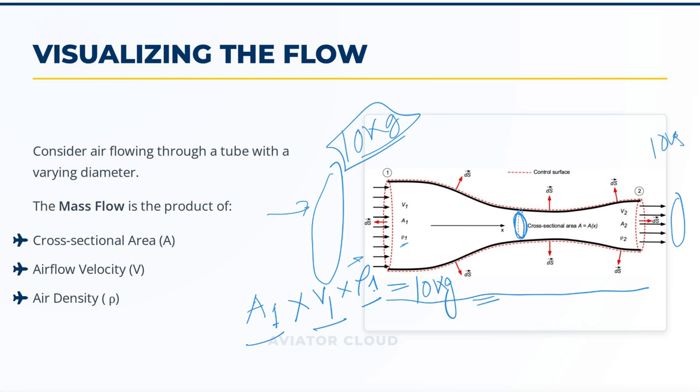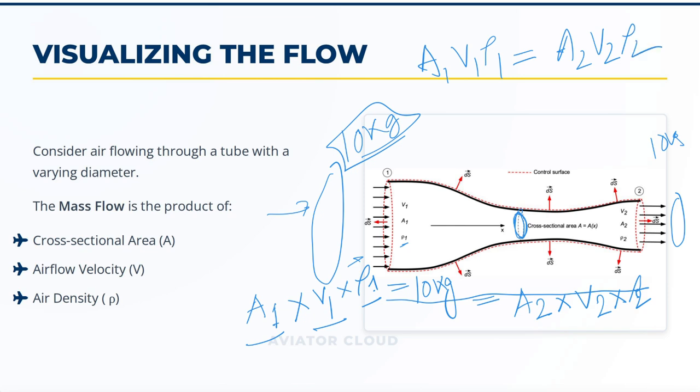So it is also equal to A2 multiplied by V2 multiplied by ρ2, the density. So A1 V1 ρ1 is equal to A2 V2 ρ2. If we consider ρ1 and ρ2 to be the same, that is, the density is not changing, then A1 V1 is equal to A2 V2.